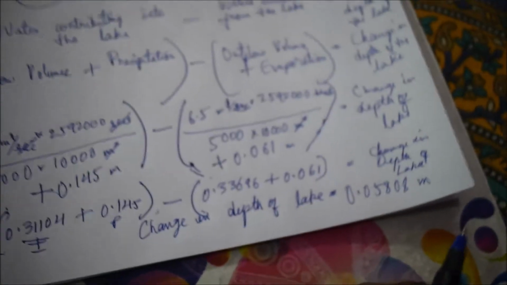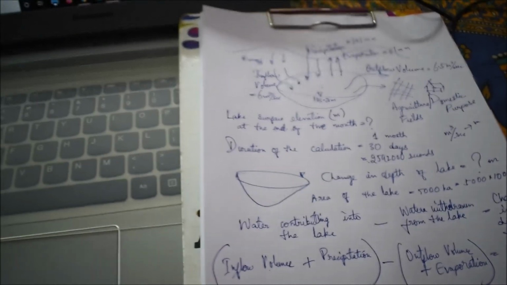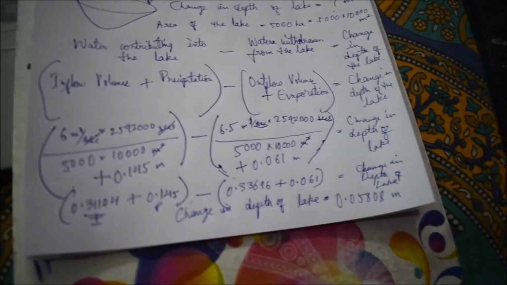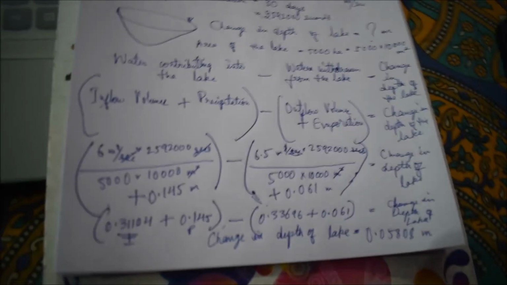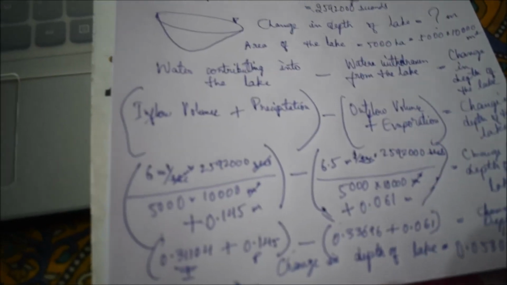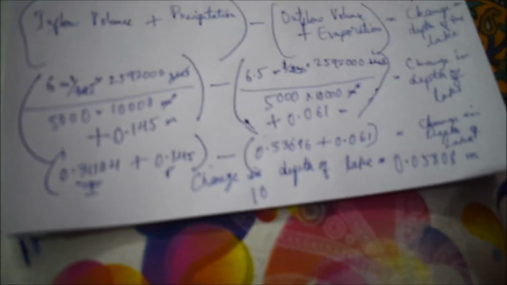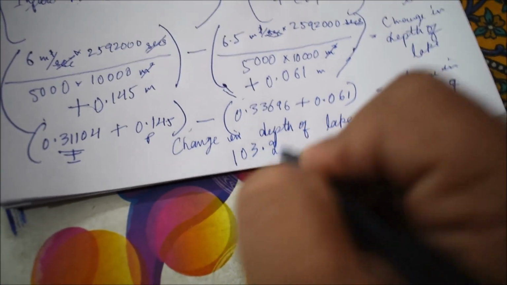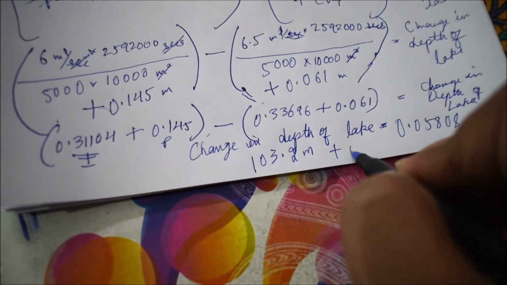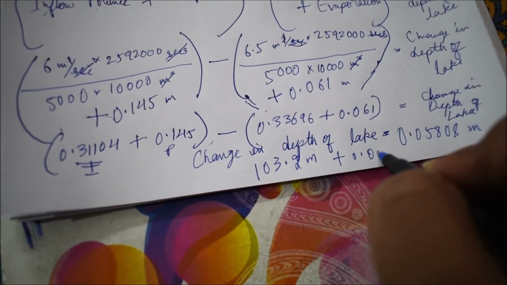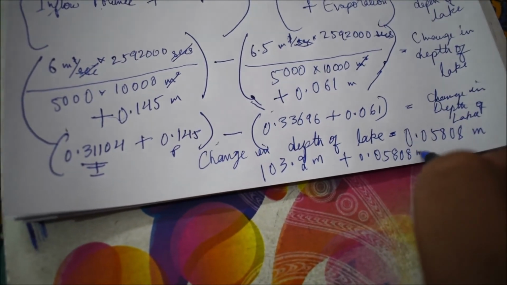That means there has been an increase in the water surface elevation of the lake, because we are getting a positive answer. So we have to add it to the water surface elevation value given in the problem, which is 103.2 meters plus 0.05808 meters.